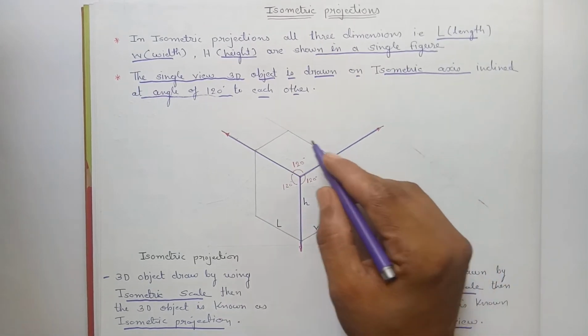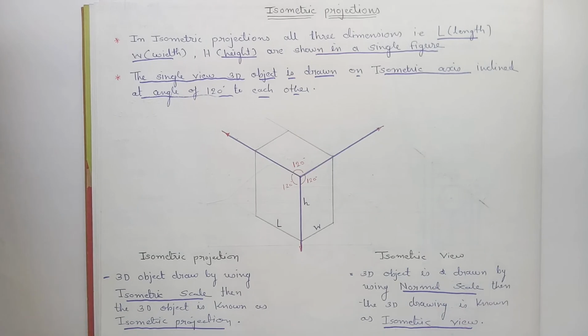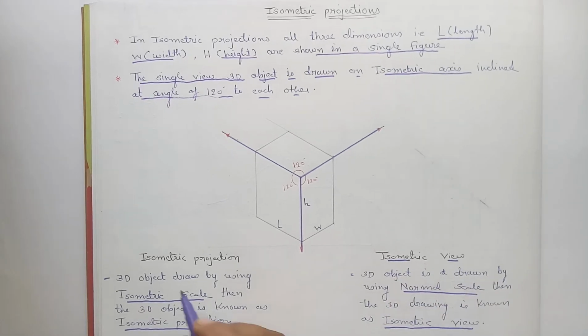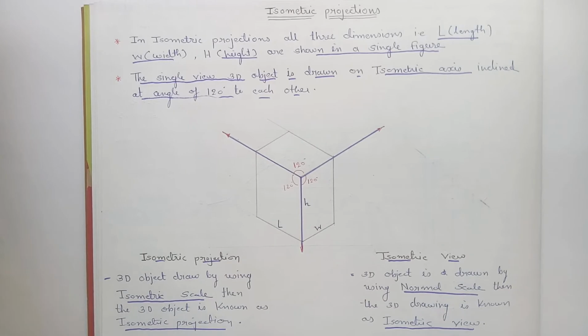Now how can we say that this 3D object is an isometric projection of the given object or an isometric view of the given object? There are two types of 3D figure here. One is the isometric projection and the second is the isometric view. So what is isometric projection?